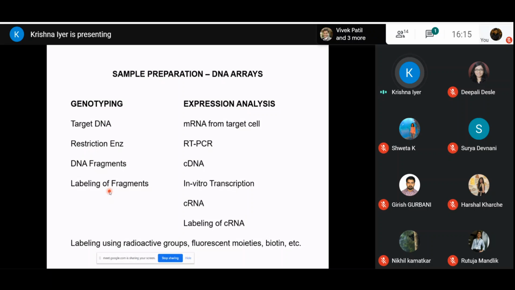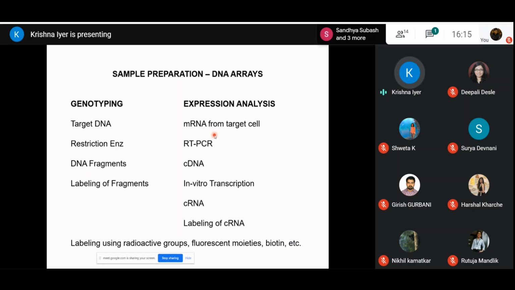If I'm interested in looking at expression of a given gene, then I'm interested in the mRNA which is present in the target cell. But because mRNA is generally unstable, and because the amount of mRNA in a sample may be very low to very high, and if it is very low, it is very difficult to detect it, what is typically done is RT-PCR, or reverse transcriptase PCR, where you convert the mRNA to a more stable DNA molecule, which is called complementary DNA.